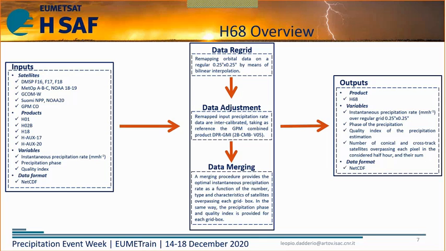So the output variables, as I said, are the instantaneous precipitation rate over a regular grid of 0.25 by 0.25 degrees, the phase of precipitation, the quality index, and also the number of conical and cross-track satellite overpasses over each grid box, and also their sum. And the data format is, again, an XCDF file.